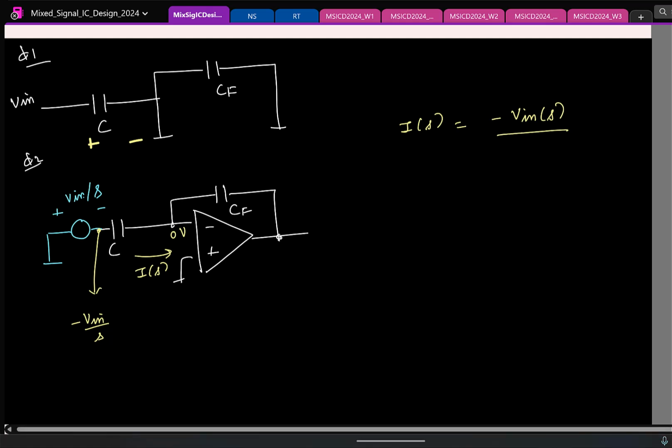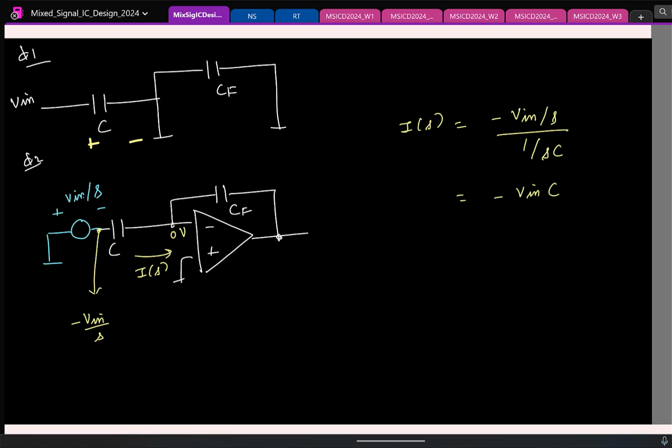Sorry, it's not Vin of S, I write Vin by S. So this becomes minus Vin times C. Again, voila, you see that this is basically charge. Same thing, the Laplace transform of current is basically charge.